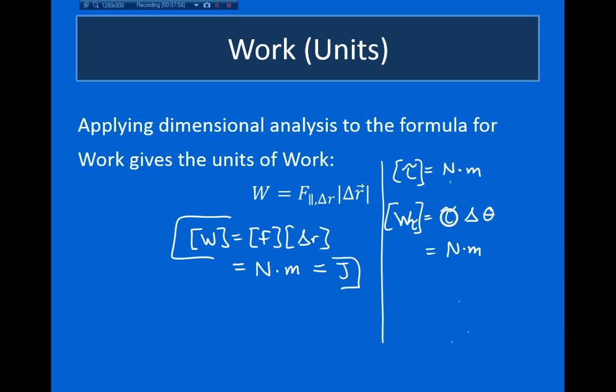And when we calculate the work that's done by a torque, we would call this joules. So joules are a unit that's reserved for work and energy. When we talk about torque, we still call it Newton meters, but when we talk about work, even though the units are still Newton meters, we call them joules.